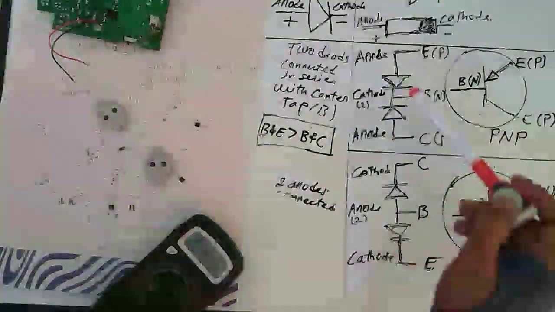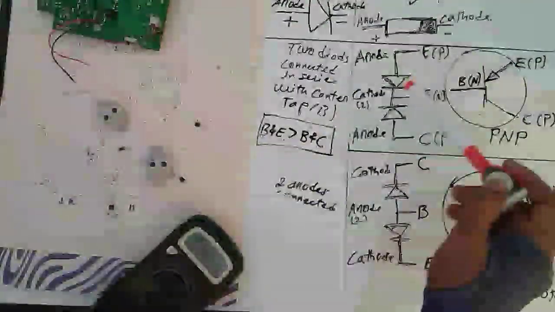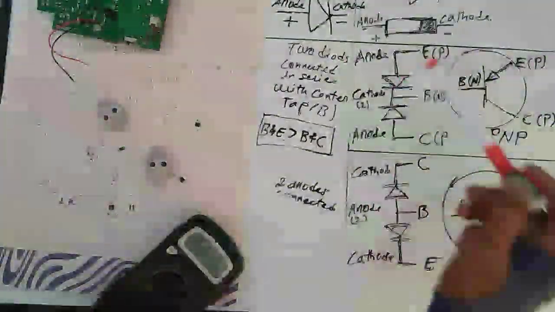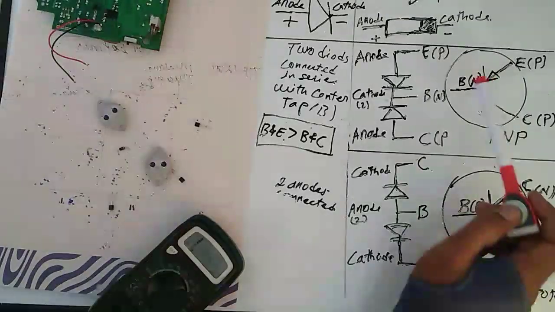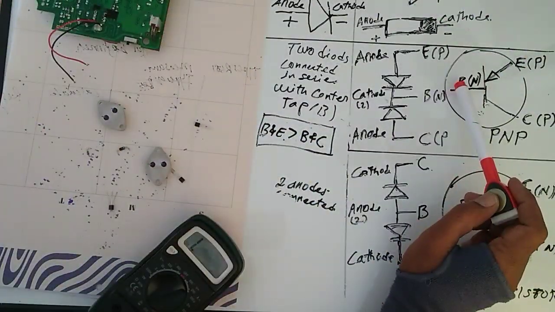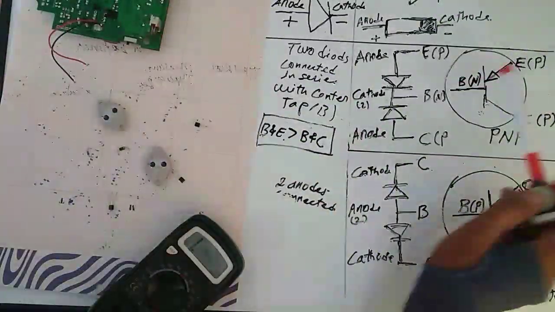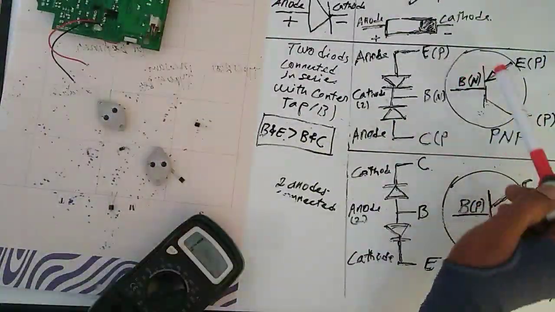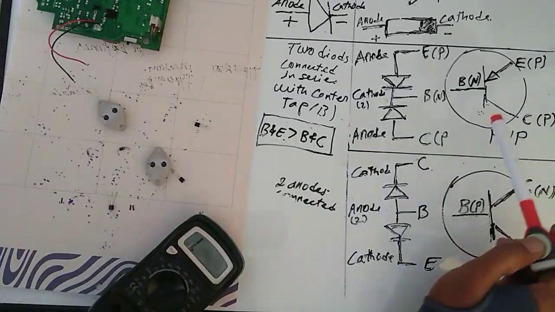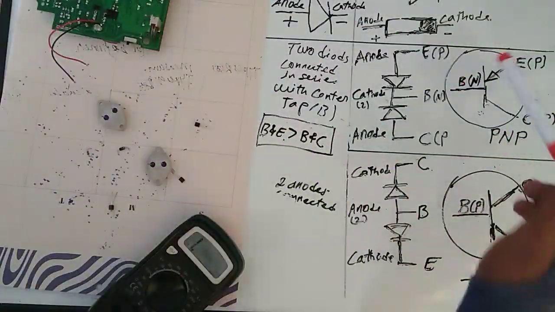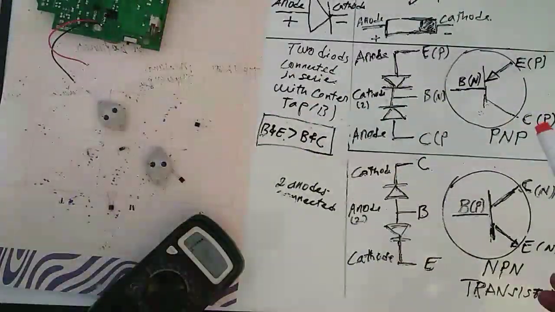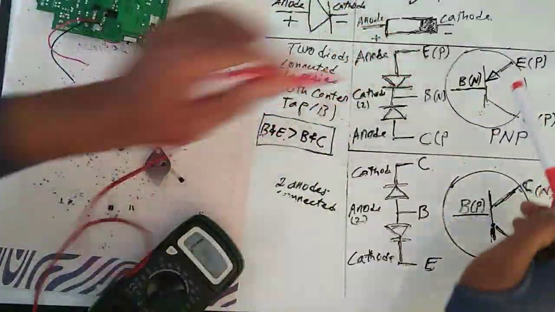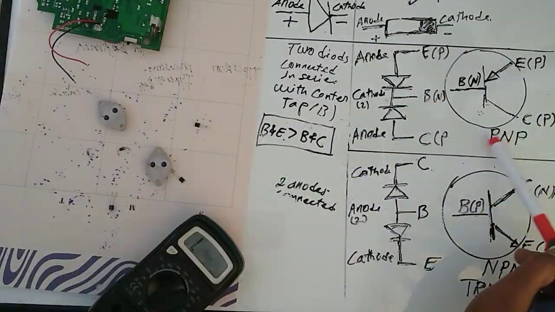From here, positive here, negative here with the multimeter probes, we get a measured value. If we put the negative terminal here, we can get a reading from here to here, and another from here to here. But if you reverse it and put the positive probe of the multimeter over here, it doesn't work, because the transistor is PNP.